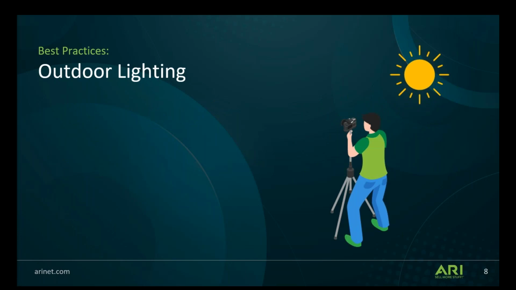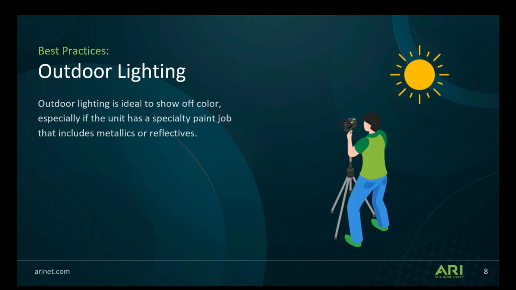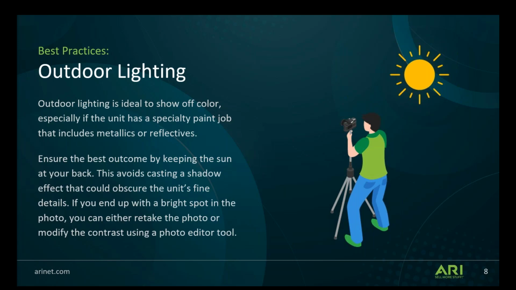Outdoor lighting. Outdoor pictures, obviously, we feel that using outdoor lighting is better because it has a tendency to not cause any weird shadows, blurring, or any type of shininess that makes it hard to see specific features. It shows off the color really well, especially if that particular paint has any type of reflective metallics in the paint. To ensure the best outcome, just make sure that the sun is at your back and that you're not casting shadows on the object, that you're standing far enough away from the object that you don't cast any weird shadows or anything like that.